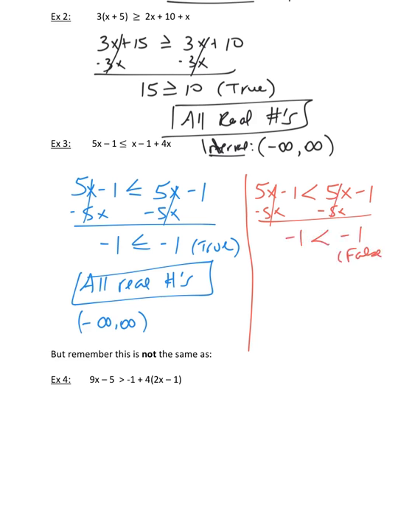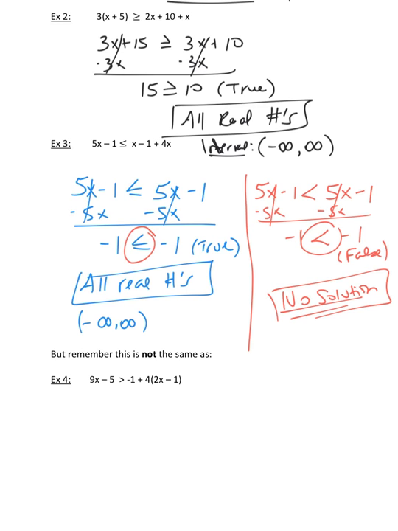That's false, because there's no equal sign. Negative 1 is not less than negative 1, and so this is no solution. Okay, so just be really careful that it's not about having the same number on both sides. It's about reading it with the inequality symbol. If there's an equal sign, if it's less than or equal to, it's true. But if it's just less than or greater than, then it's false, no solution.